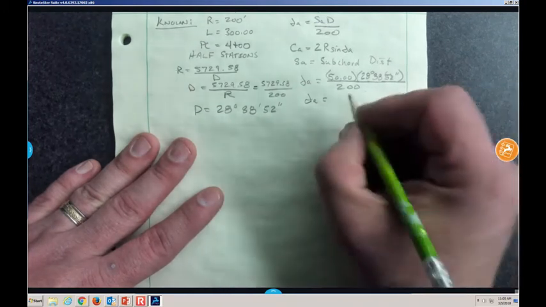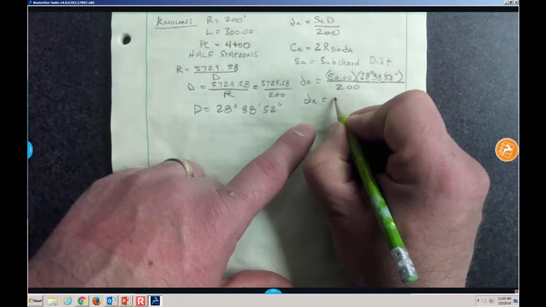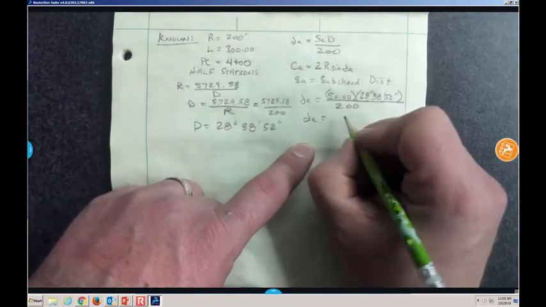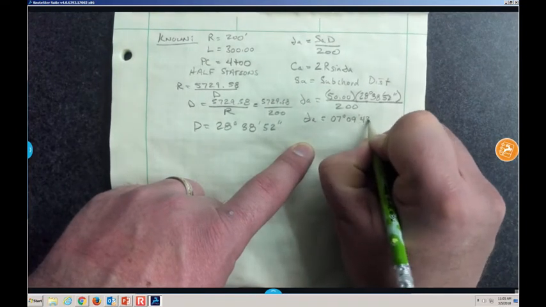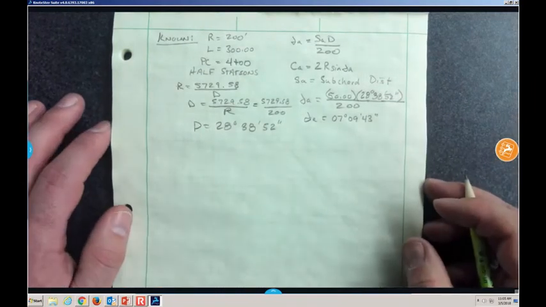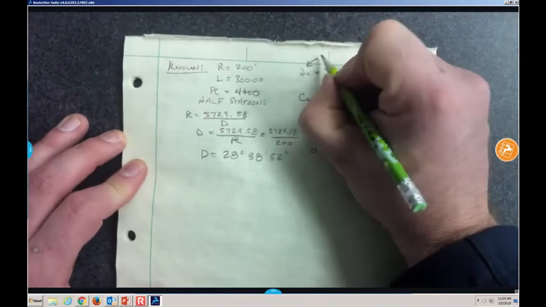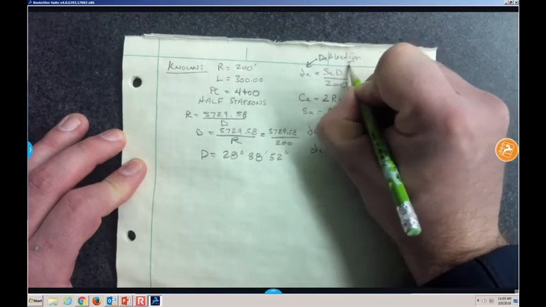It should be an angle, deflection increment. 7 degrees, 9 minutes, 43 seconds. So it's 7 degrees, 9 minutes, 43 seconds. This is deflection increment.